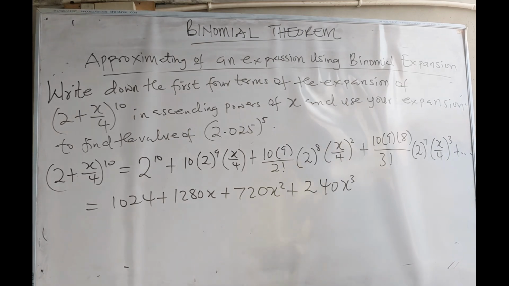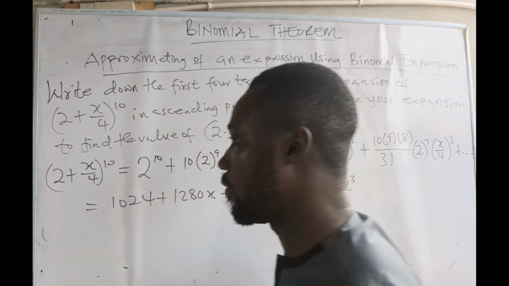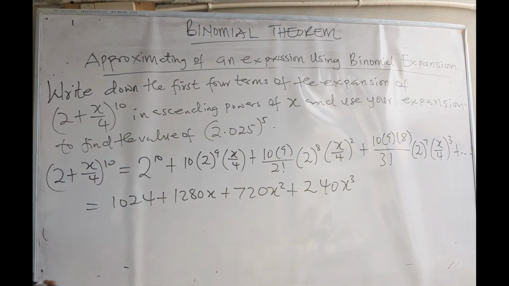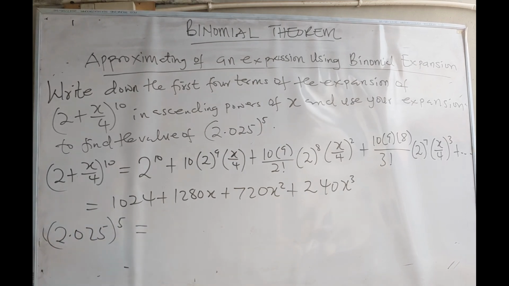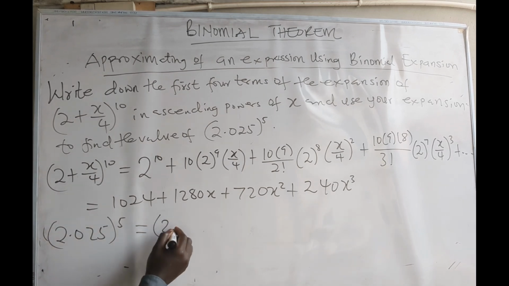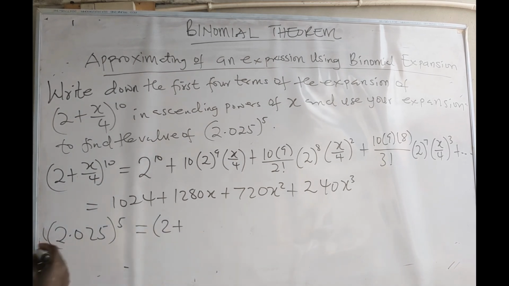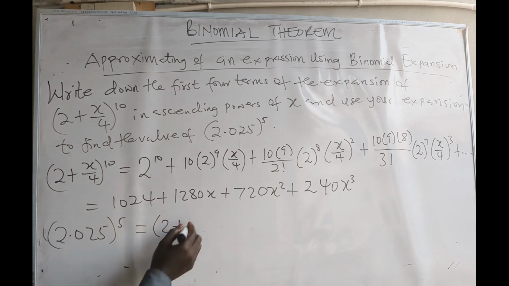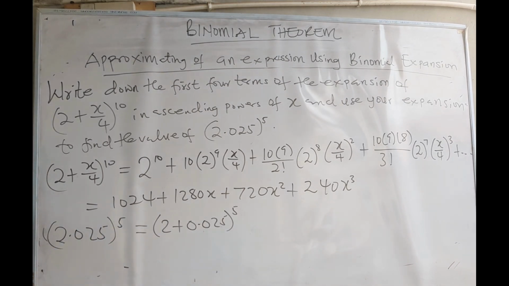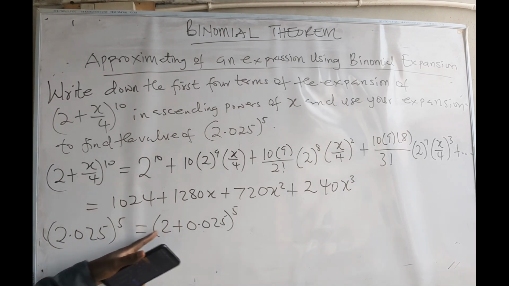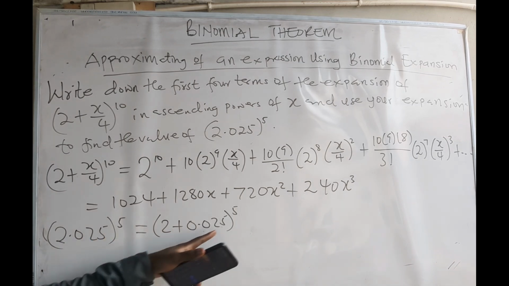Okay, so 1, 2, 3, 4. We have our first 4 terms, and we are going to use them to evaluate what? 2.025 exponent 10. So when we compare, it means here should be 2 plus what value will give me 2.025? That is 0.025. When you subtract 2 from 2.025, it will give you this.